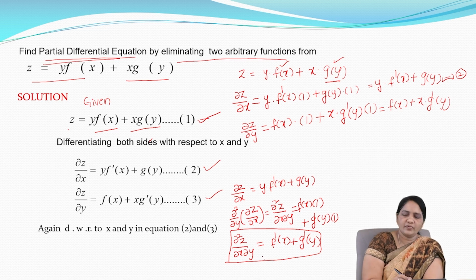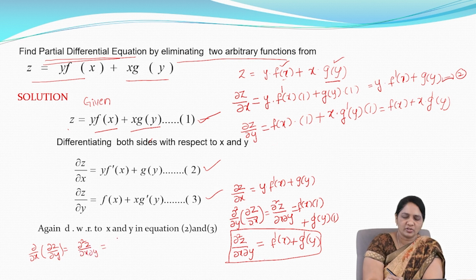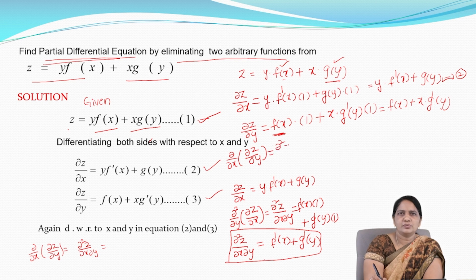In the same way for equation 3 also I am doing. Here dou z by dou y is there, so I am going to do with respect to x. So dou by dou x of dou z by dou y equal to dou square z by dou x dou y.